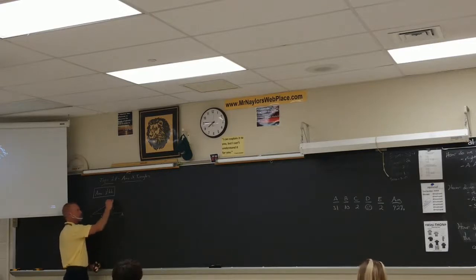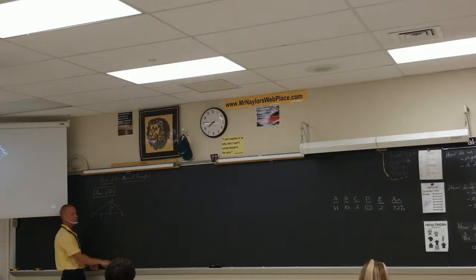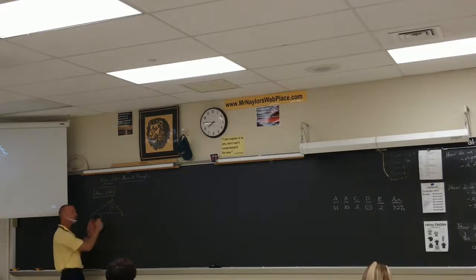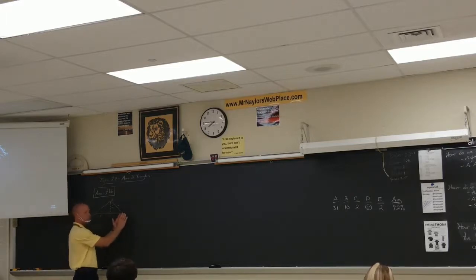One of the things that's going to change is now side C is no longer the height. Interestingly, though, there still is a height, but we'll dash it so that it's not confused with part of the triangle.